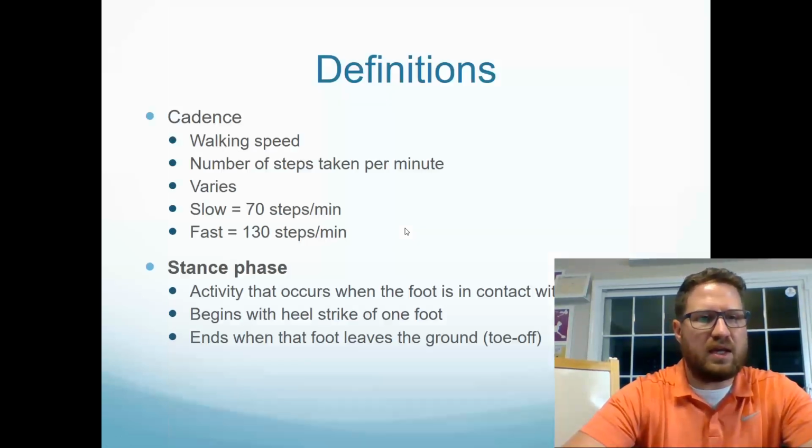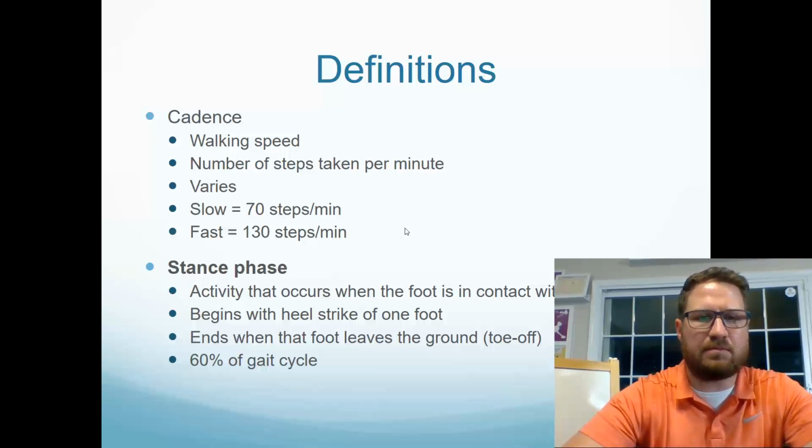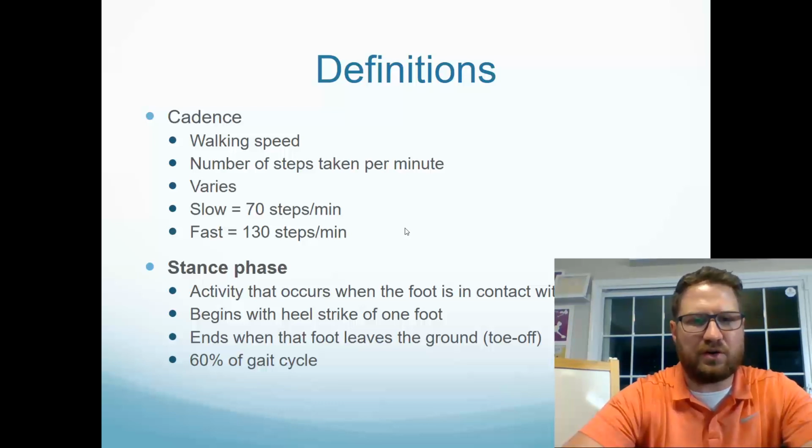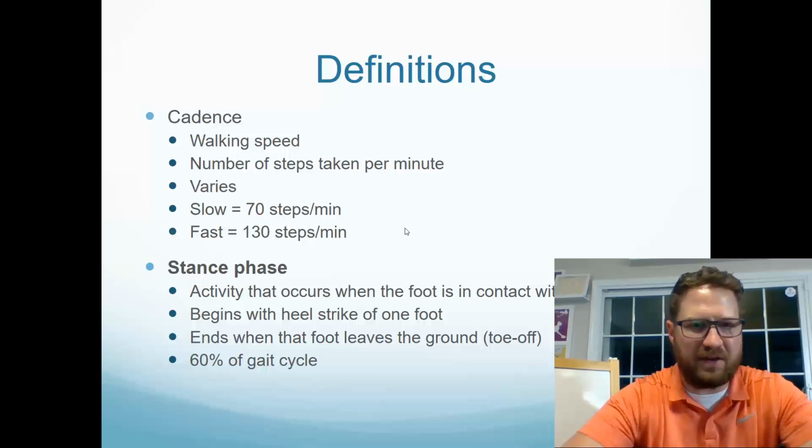Cadence is the walking speed. How fast are you going? It's usually measured in steps taken per minute, and it can vary. Slow is around 70 steps per minute. Fast is usually 130. Once you get past 130, you start incorporating some flight phase, and then it's no longer walking, it's more running.